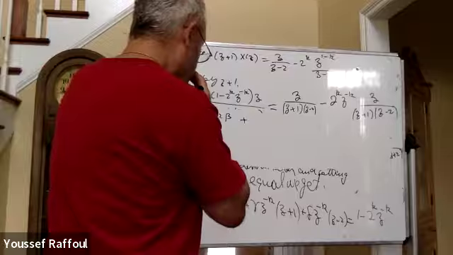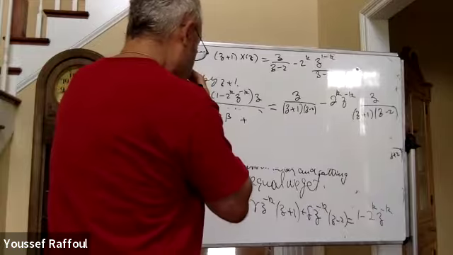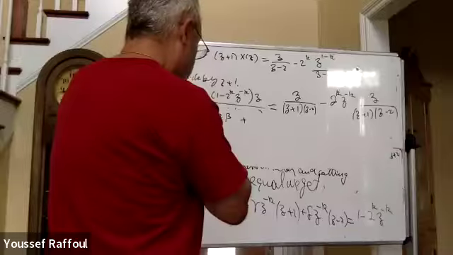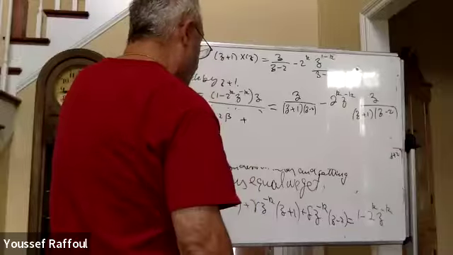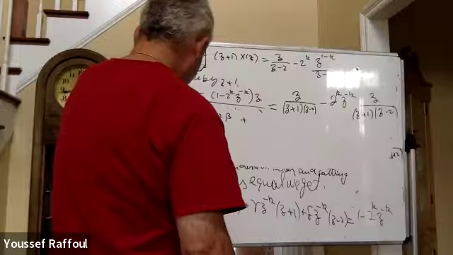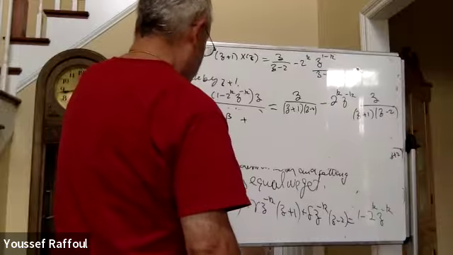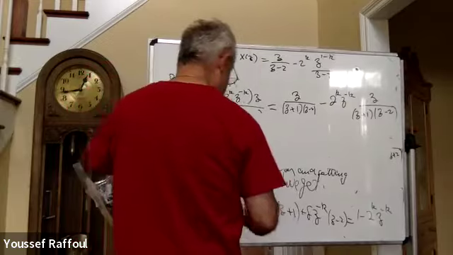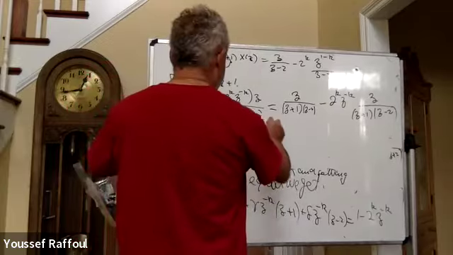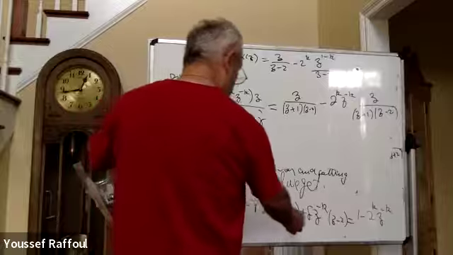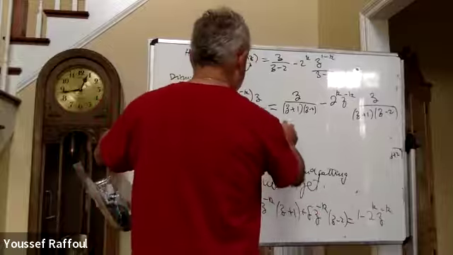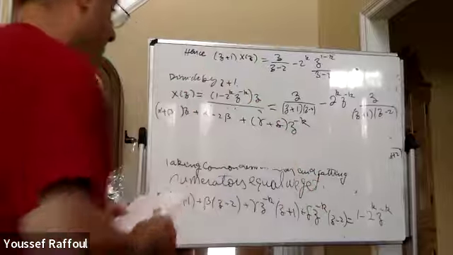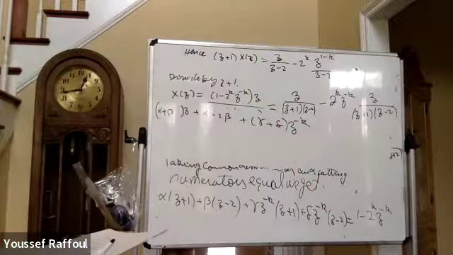Okay, so we're going to have, let's concentrate on gamma plus gamma plus delta z minus k, okay?